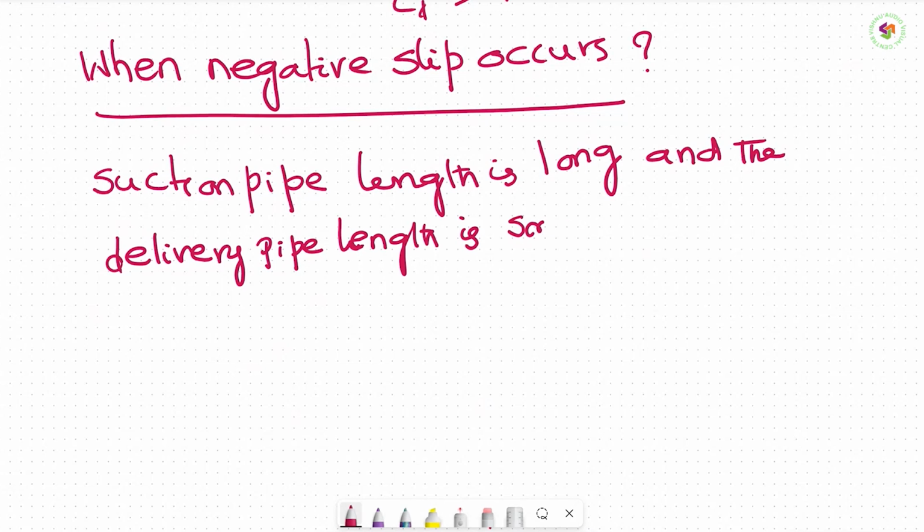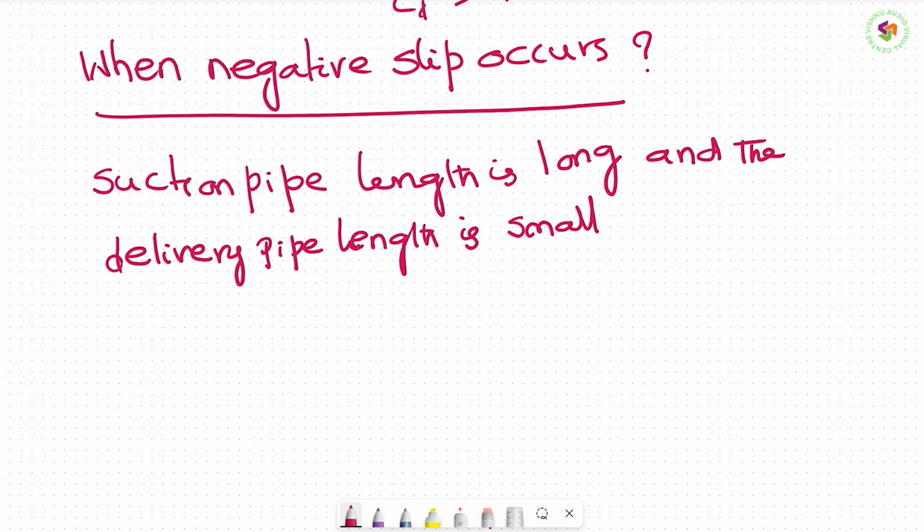That means from the sump to the pump, the vertical length of the suction pipe is long, whereas the delivery pipe length is very small.